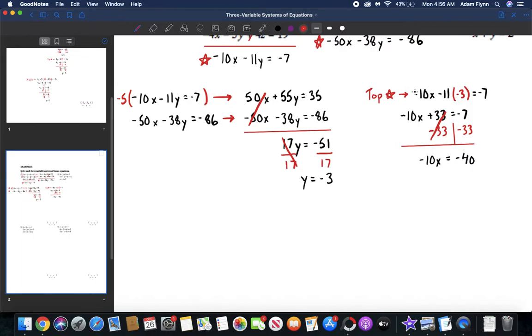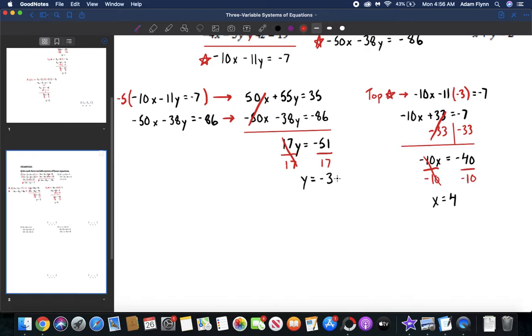I can divide both sides by negative 10 to isolate my x. Negative 10's cancel on the left. So I am left with x equals negative 40 divided by negative 10, which is going to be a positive 4. Okay.